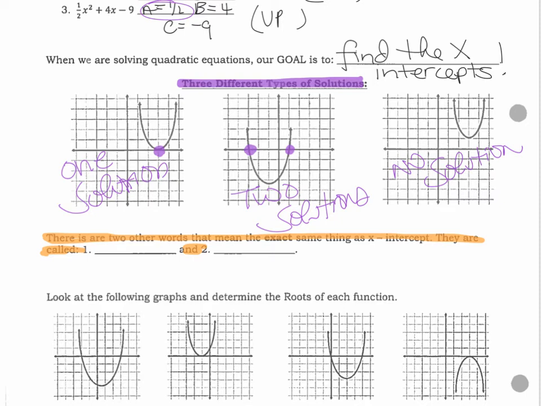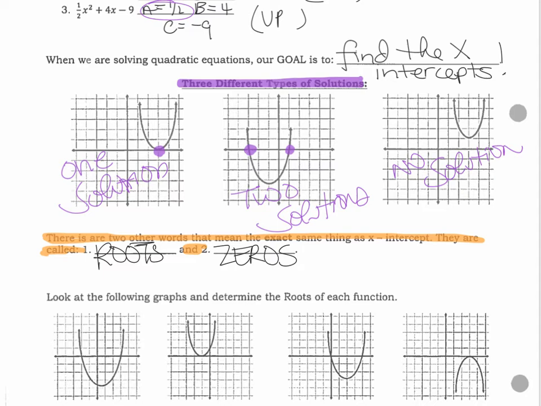Those 2 words are called roots, or they are called zeros. When you hear the word roots, it means the exact same thing as x-intercept. When you hear the word zeros, it means the exact same thing as x-intercepts.